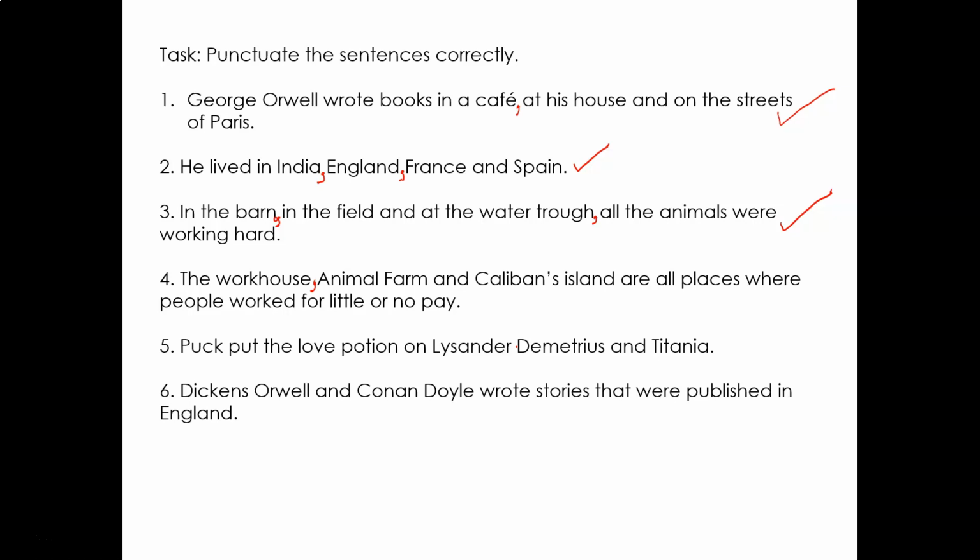Titania. Okay, Puck put the love potion on Lysander, Demetrius and Titania. And finally then, Dickens, Orwell and Conan Doyle wrote stories that were published in England. So we need to put a comma between Dickens and Orwell. Okay, give yourself a mark out of 6.